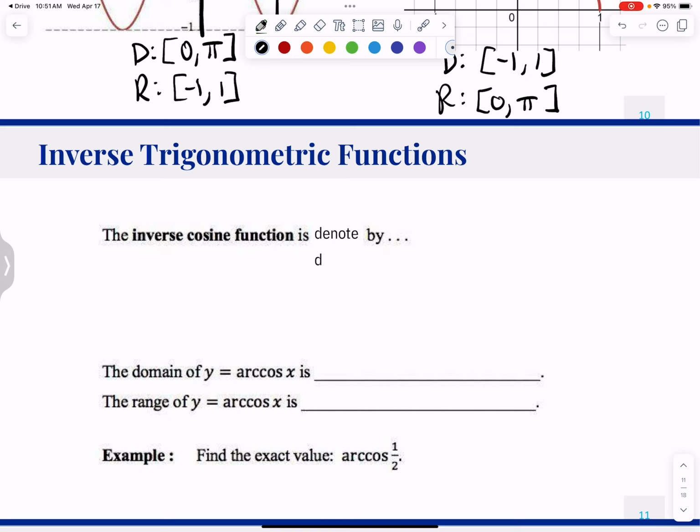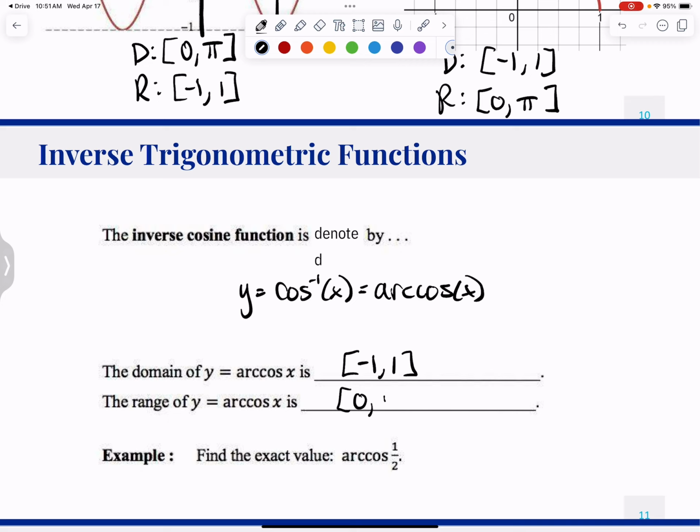So summarizing, we have y equals cosine. With that negative 1 superscript, we read that inverse cosine or arc cosine. The domain of arc cosine is negative 1 to 1, and the range is 0 to pi. Think quadrants 1 and quadrant 2.